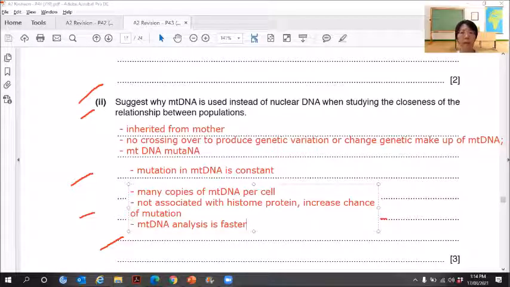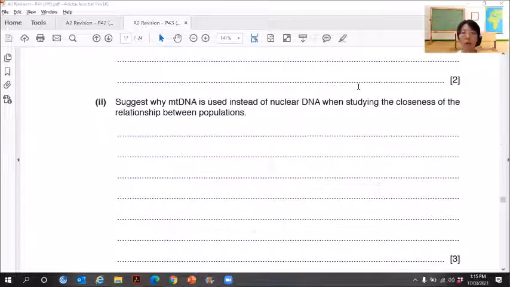So therefore, there are many copies in the cell, so faster to isolate and very easy to check the differences between them. Compared to if you get the DNA from the nucleus, all the DNA are different. We have got, let's say, 46 chromosomes. For every chromosome, the base sequences can be different. So there are too many differences for us to compare. So it makes the analysis more difficult and longer.